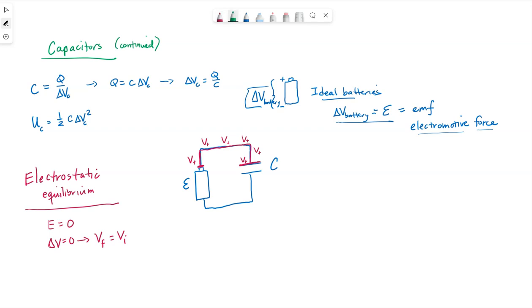Similarly, the negative terminal of the battery, the wire connected to it, and the wire connected to this bottom plate of the capacitor, that is all conductively connected. So in this equilibrium state, everywhere here will have the same negative potential.